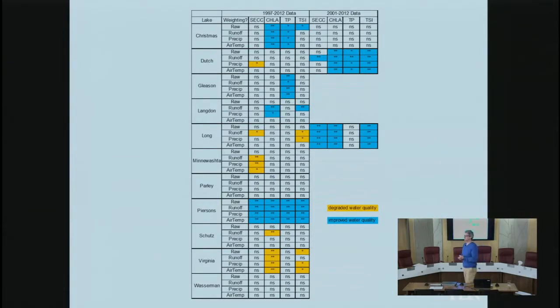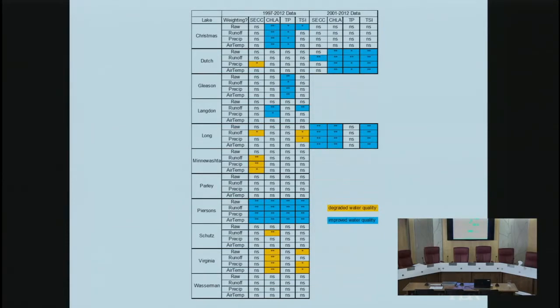So, apologize for the small print here. These are the upper watershed lakes. Again, you can walk through this, we just used the straight data, or we adjusted it for runoff, precipitation, or air temperature. And we'll just look at this column. Basically, for Christmas Lake, it's saying the water quality is getting better.